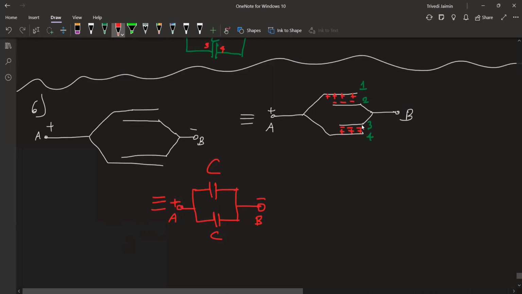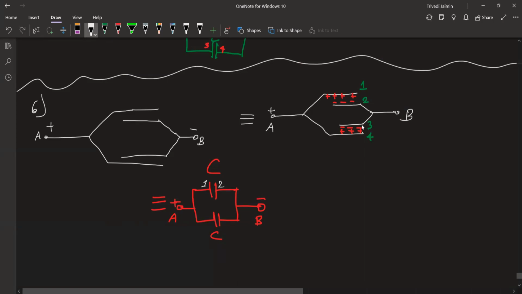Okay, so give me numbers. This side will be 1 or 2? 1, sir. And on the right side, 2.